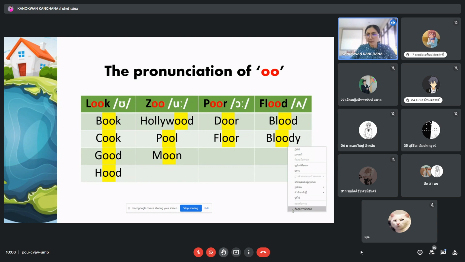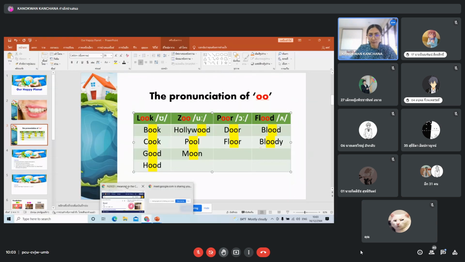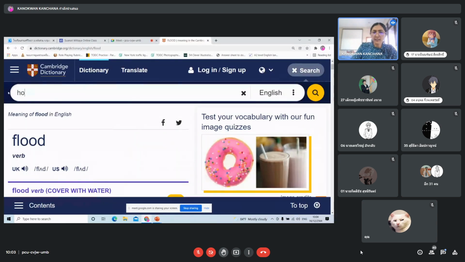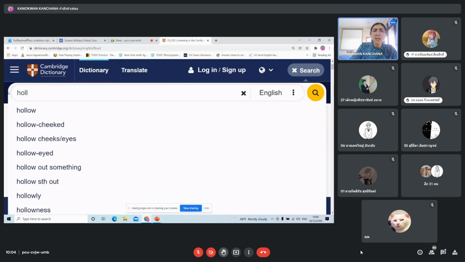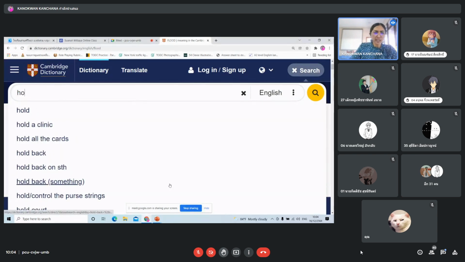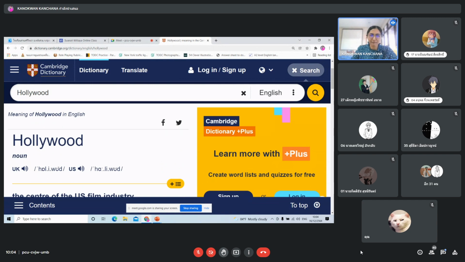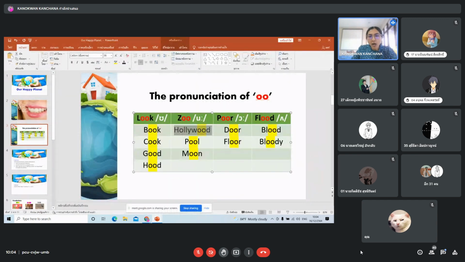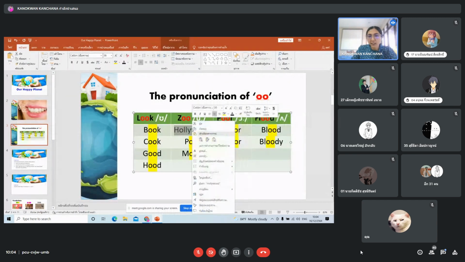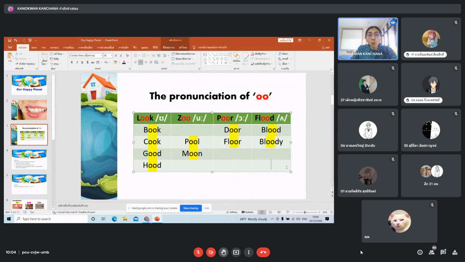Let me check this word again, everyone, Hollywood, because I hear the sound. Maybe I have to check. I also have to check, everyone, because when we are not sure, we have to check. And this one, okay, that is my mistake, everyone, because this one, Hollywood, is not the U sound.